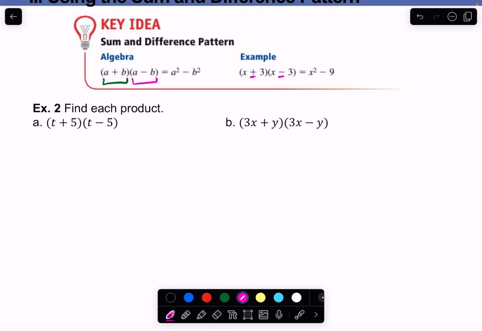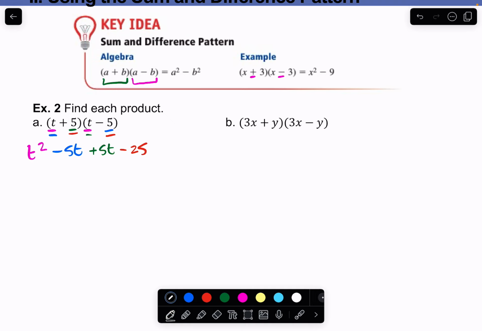So before we use that pattern, I'm going to FOIL this one as normal. When I FOIL, I've got my first terms. T times t is t squared, my outer terms, which is t times negative 5, will be minus 5t, my inner terms, plus 5t, and then finally my last terms. 5 times negative 5 is negative 25.